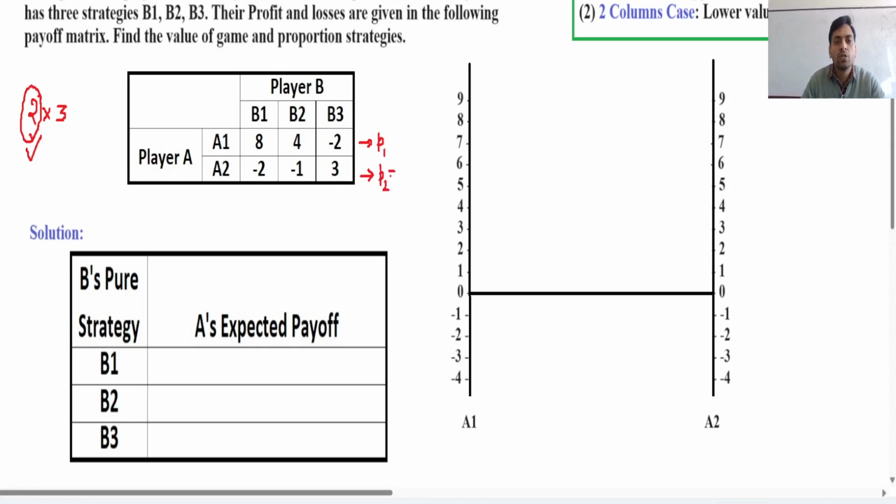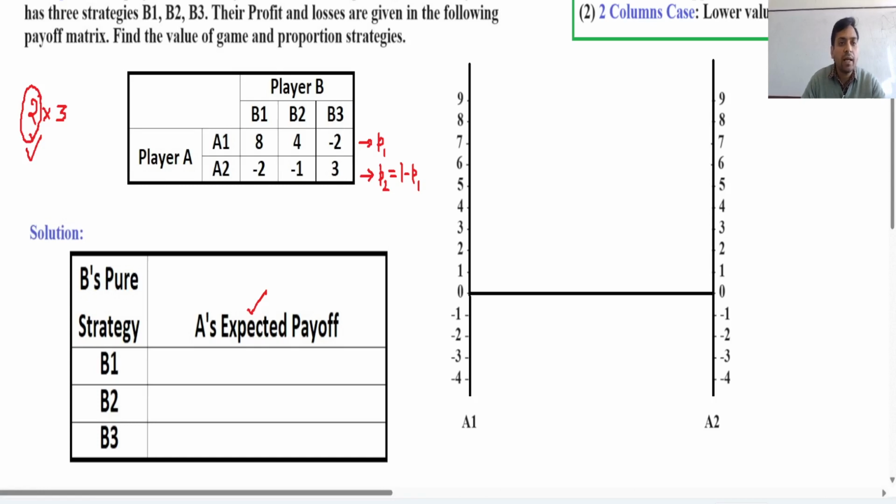And this proportion P2 equals 1 minus P1, because the total probability is 1, P1 plus P2 is equal to 1. So we can write P2 is equal to 1 minus P1. In this case we have two strategies for A, so for these two strategies we will prepare the expected payoff. Expected payoff means with a combination of P1 and P2.